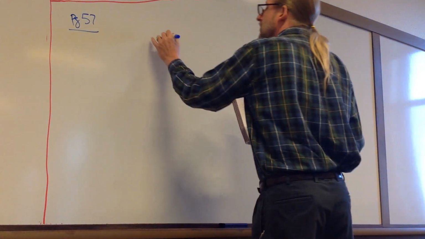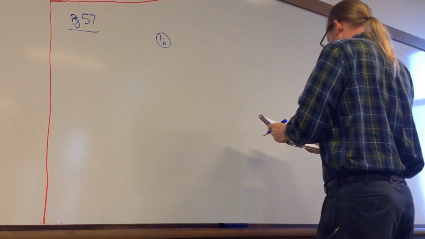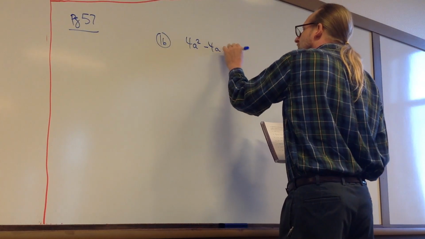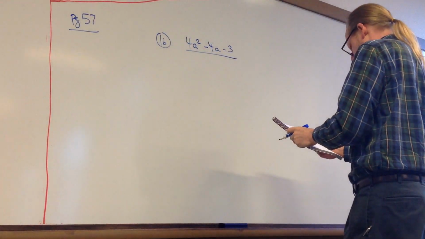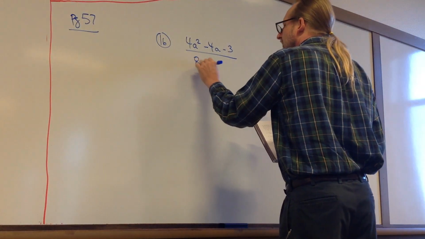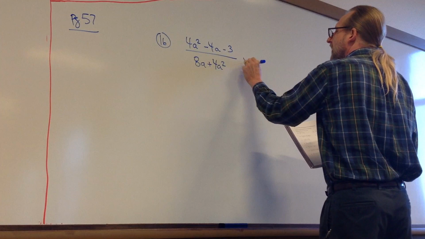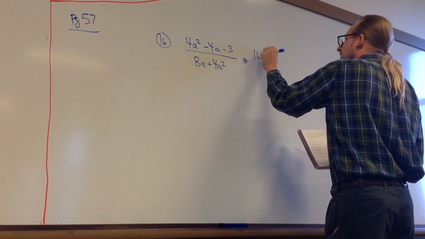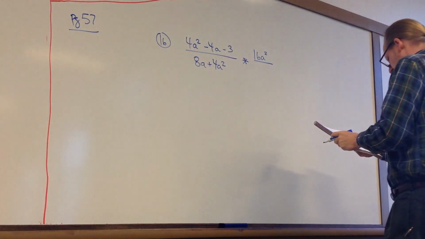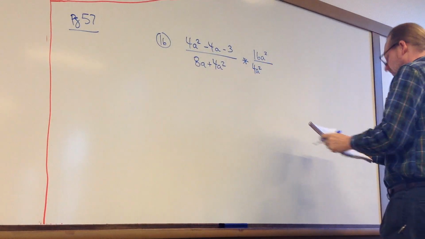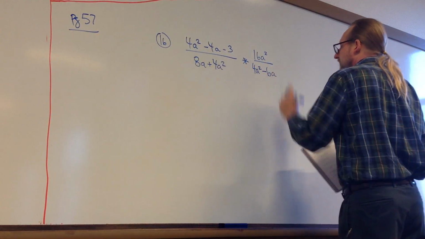Let's see here. Problem 16. We start out with 4a squared minus 4a minus 3 over 8a plus 4a squared, and then we want to multiply that by 16a squared over 4a squared minus 6a.